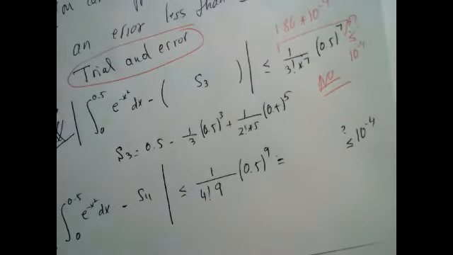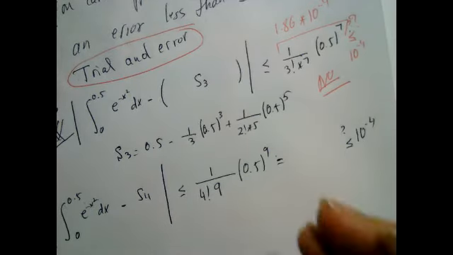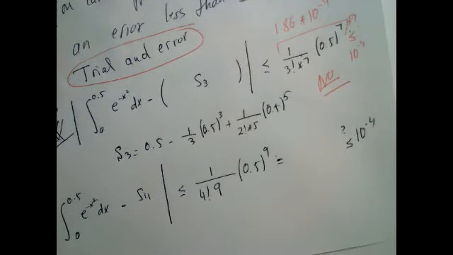If it is, it means I am safe and I'm stopping right there. So let's compute that. It's 0.5 to the power 9 divided by 4 factorial, it's 24 times 9.